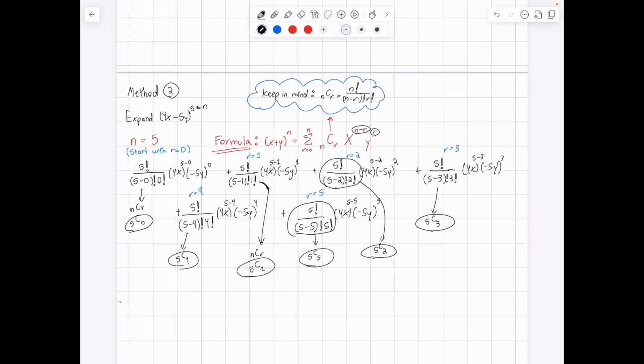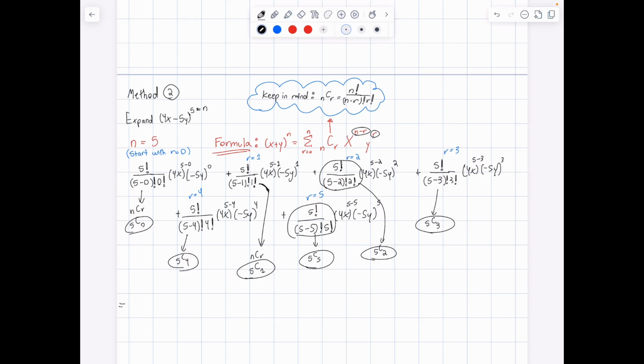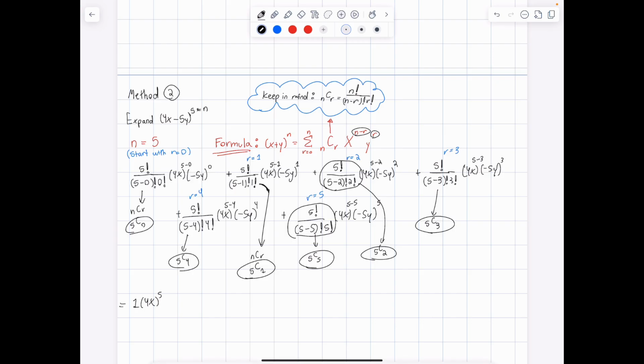So now we're going to do our simplifying. 5C0 is 1. Then you're going to have 4x to the power of 5, and then anything to the power of 0 is 1. Add a plus sign. 5C1 becomes 5, 4x to the power of 4, and then negative 5y.